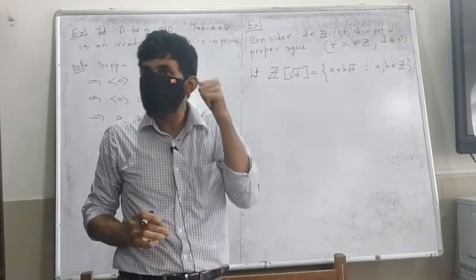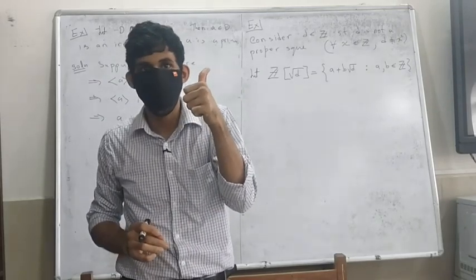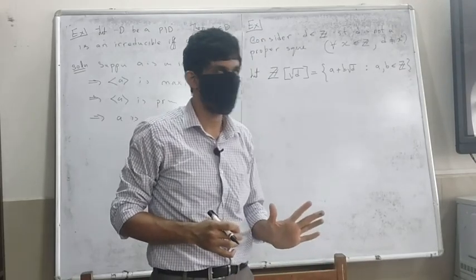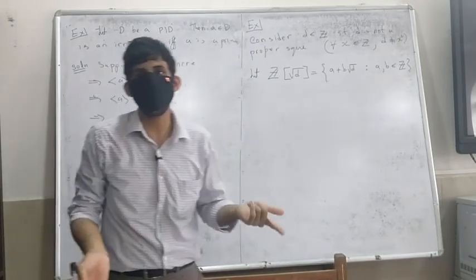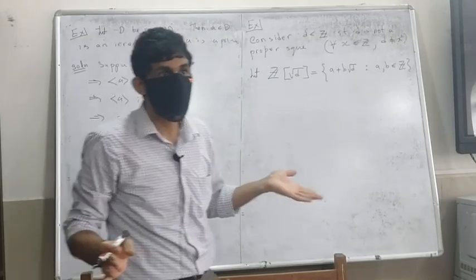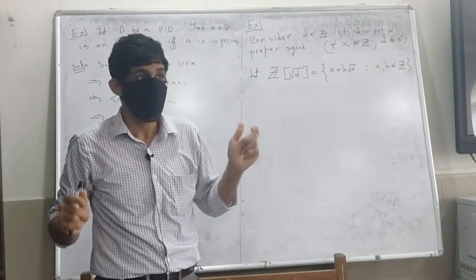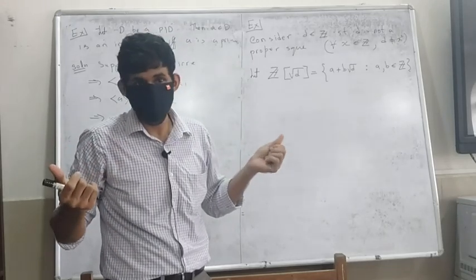One, I will need to prove it's a subring. Commutativity is going to come from the field itself, so there is nothing to prove. What else do I need to prove? What is an integral domain?